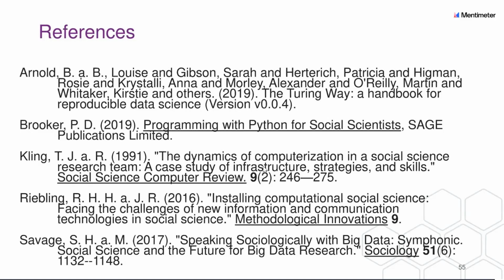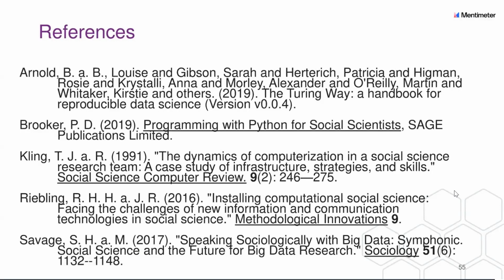Dynamics of computerization in a social science research team. Again, it's about infrastructures and strategies and skills, and how computational social science is going to be big. Installing computational social science, the challenges of new information and communication technologies. Yeah. And speaking sociologically with big data, symphonic social science, and the future of big data research.